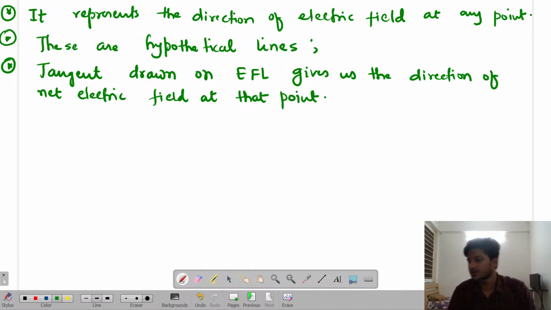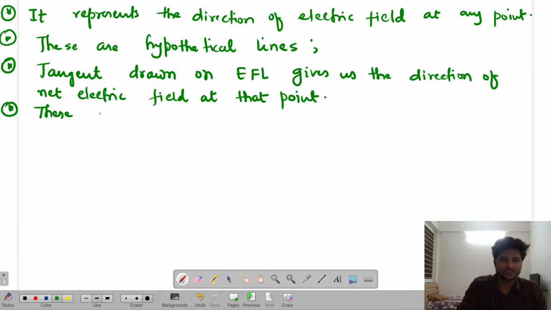Okay? Is that clear? Moving to the next point, basically these field lines are always continuous in nature.